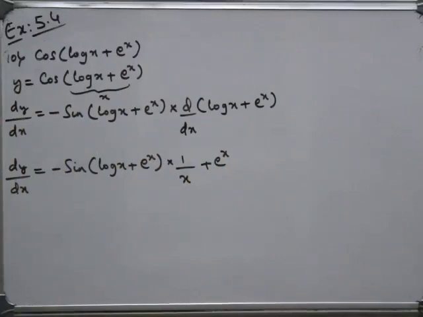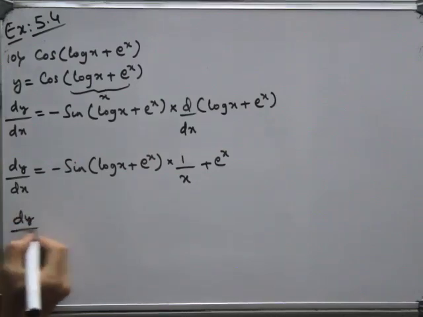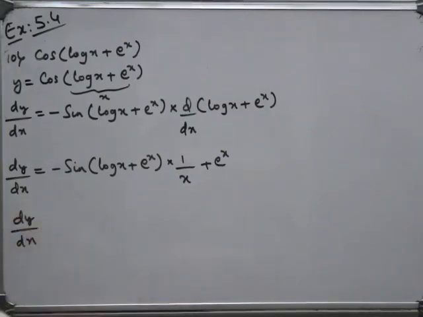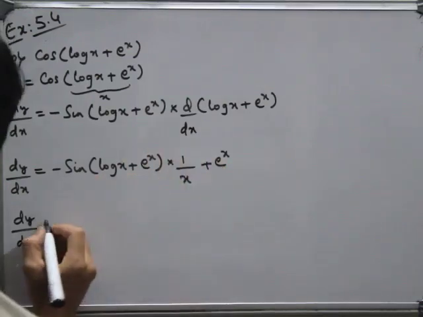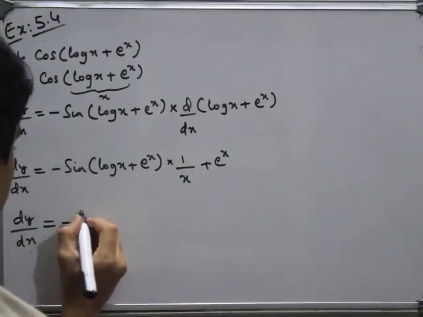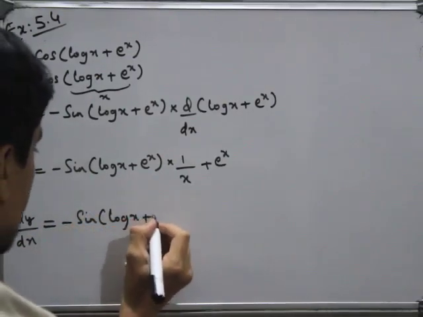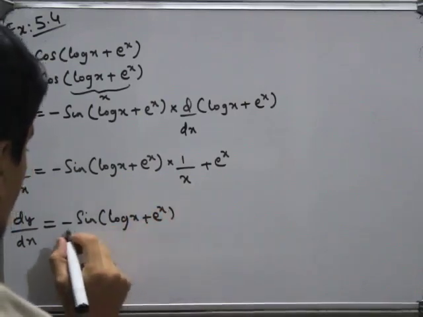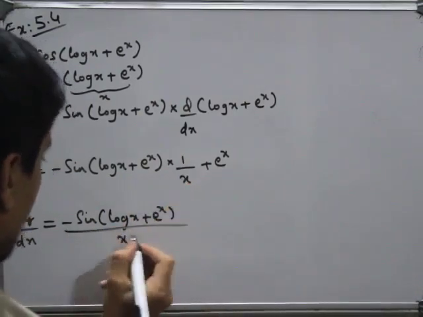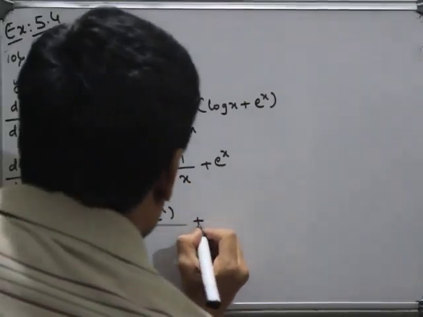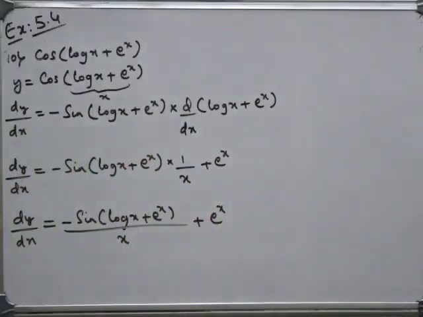Now let us simplify. This is equal to minus sine of log x plus e to the power of x, multiplied by 1 by x plus e to the power of x. This is the final answer.